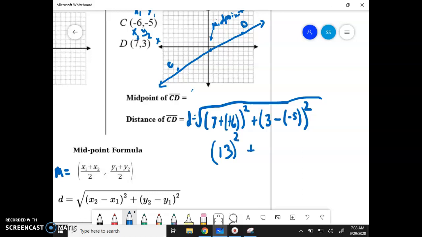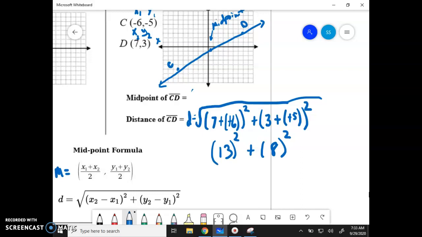All right, plus, let's do this part next, 3 minus negative 5. Again, we're going to change this to positive, change that to positive. So that's going to equal 3 plus 5, which is 8. Don't forget, we got to bring this 2 down.